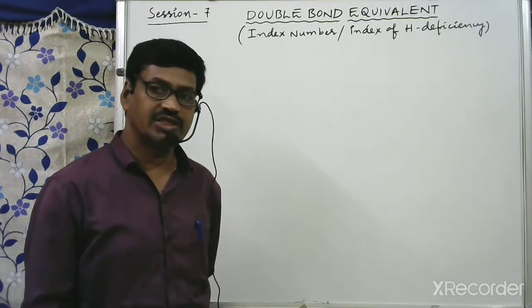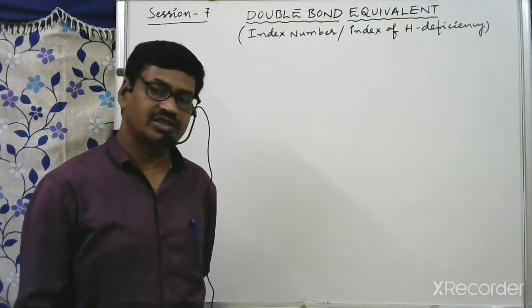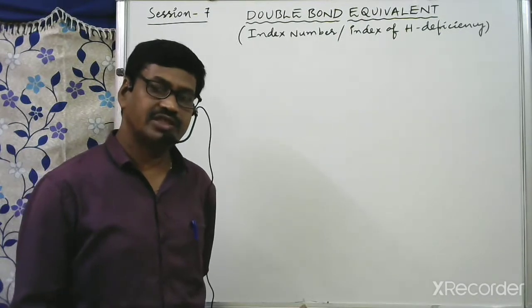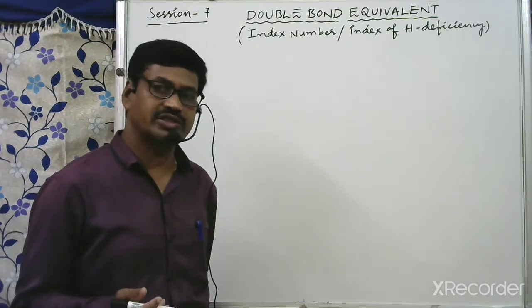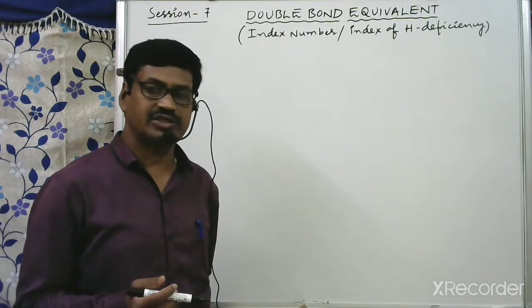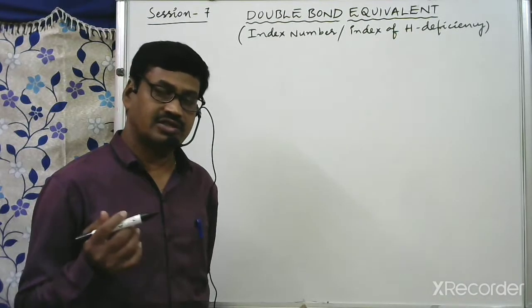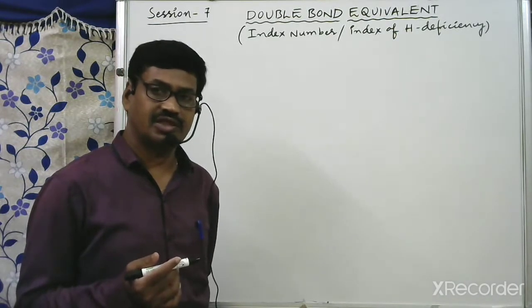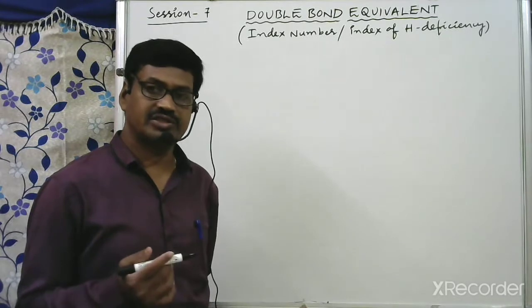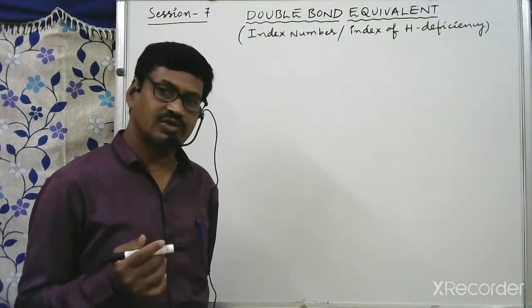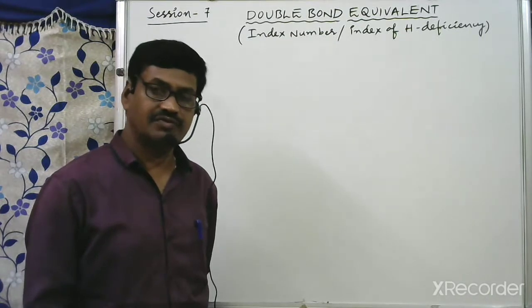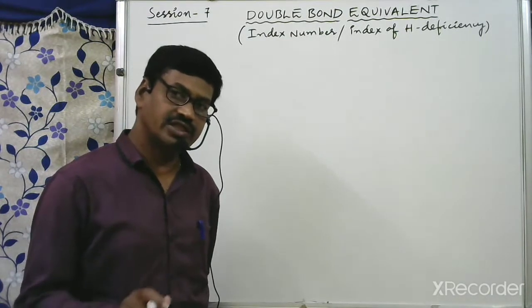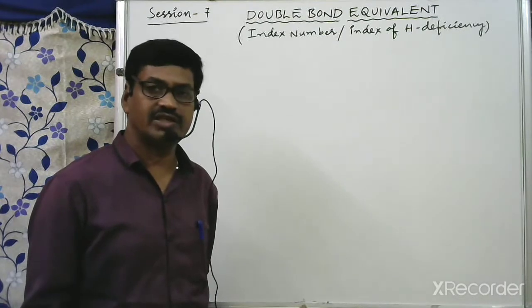By using this, we can find the total number of structural isomers, maybe chain isomers, position isomers, functional isomers, or metamers, or ring chain isomers. We can include all structural isomers except tautomers. If they ask including tautomers, then we can include them.